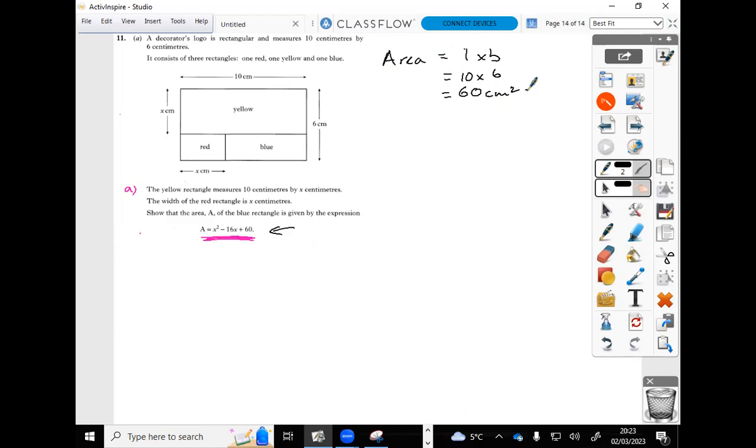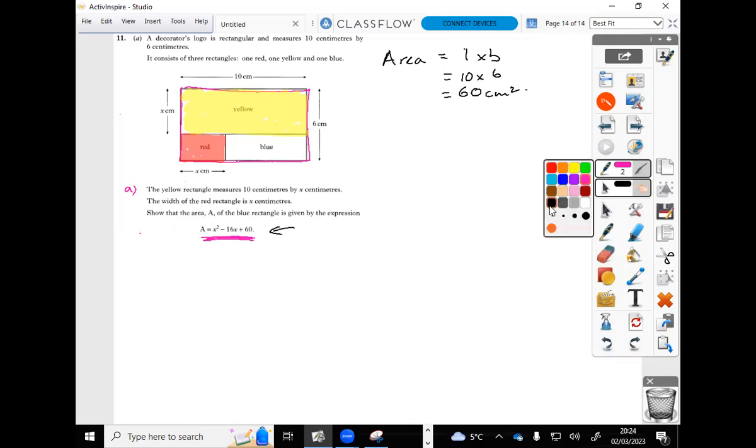Now the blue rectangle we can get by taking the full area of the rectangle, and if we minus the yellow area and the red area from the full 60 centimeters squared, we'll be left with the area of the blue.